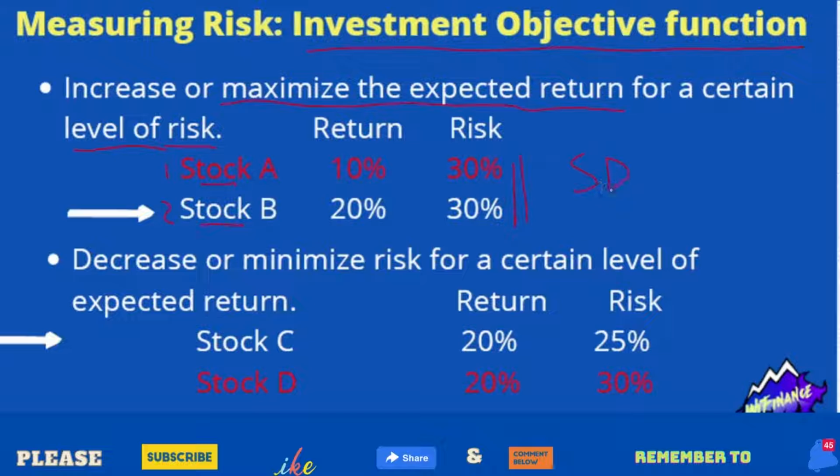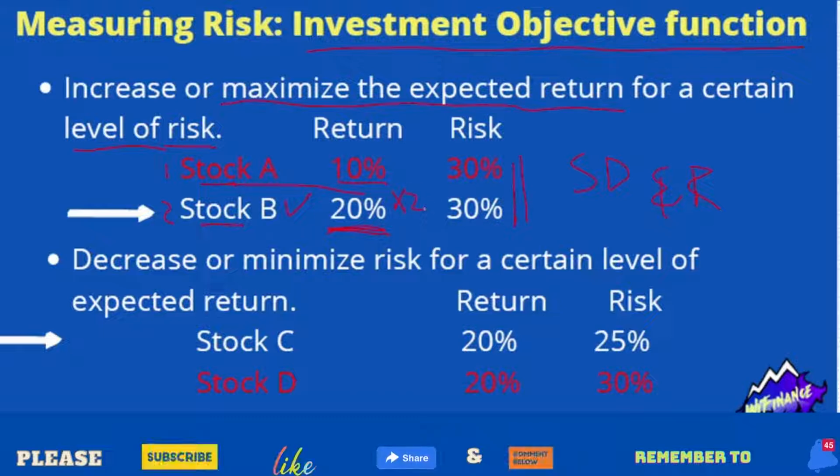In this scenario, you want to choose stock B because the stock promises to earn a return that's higher than that of stock A, and twice as much actually.